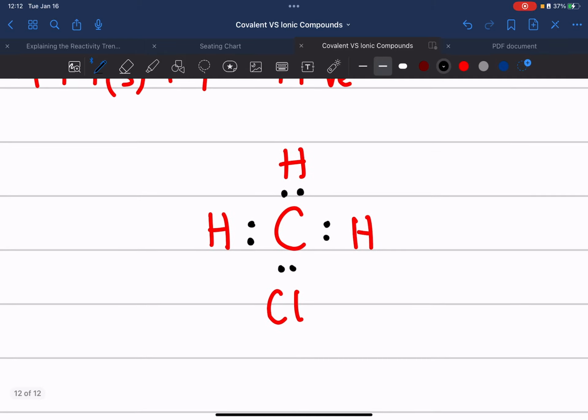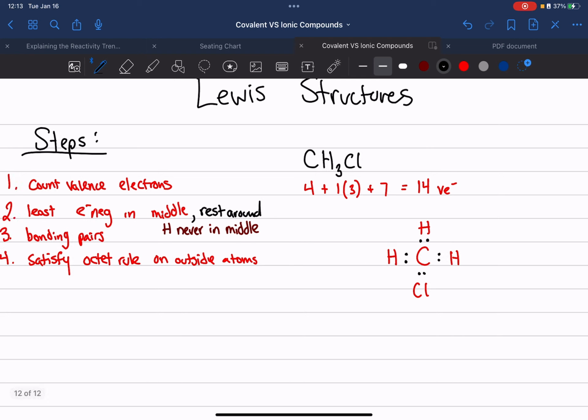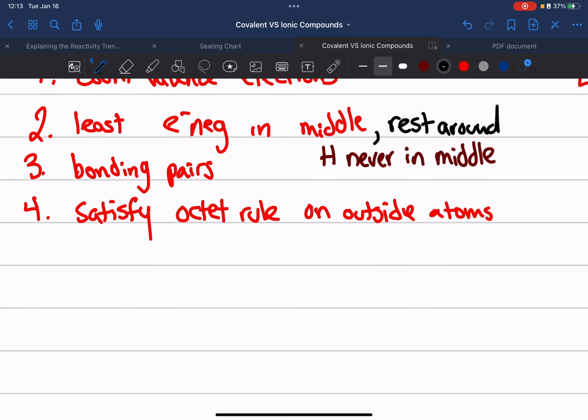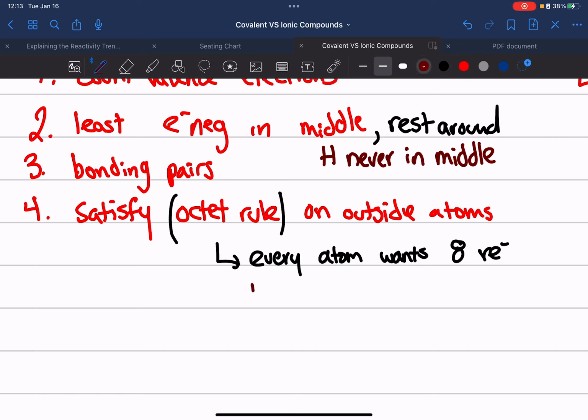So now, step 4 is where we need to think about the octet rule. What is the octet rule? The octet rule is this idea that every atom wants 8 valence electrons. Except actually there's an exception here. It's hydrogen again.